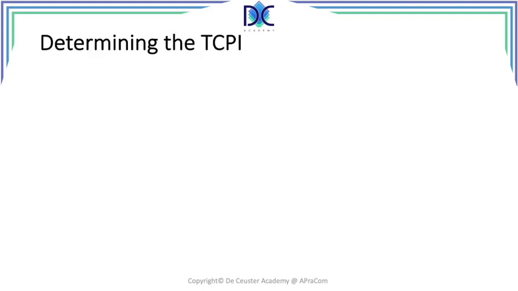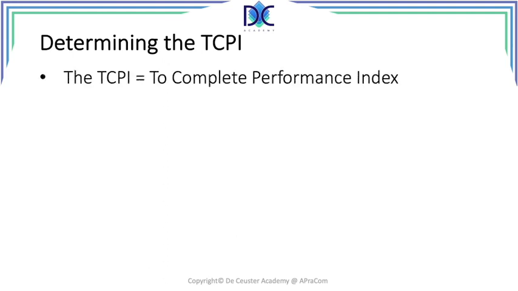When the project manager has made an estimation of how much he or she thinks the project will cost at completion, we can calculate what we call the to-complete performance index, or the TCPI. The TCPI is a very important parameter because from the moment that we have a new goal to finish the project, we can estimate how realistic it is.